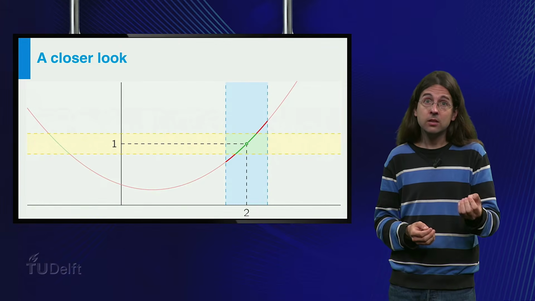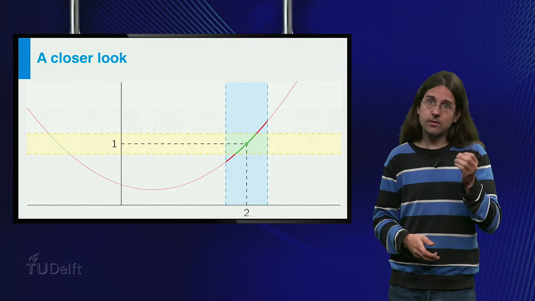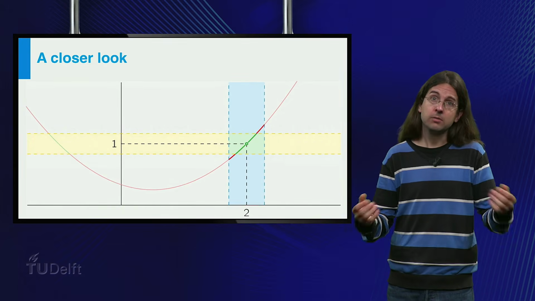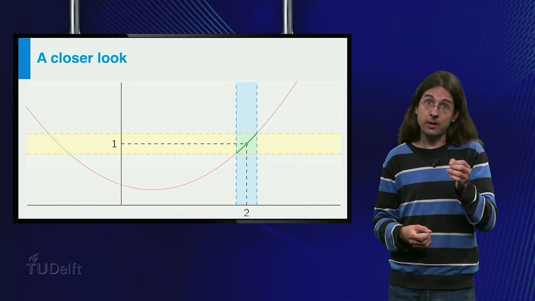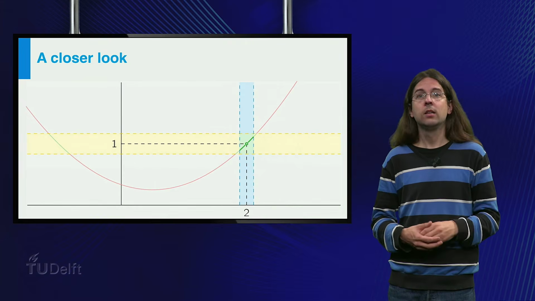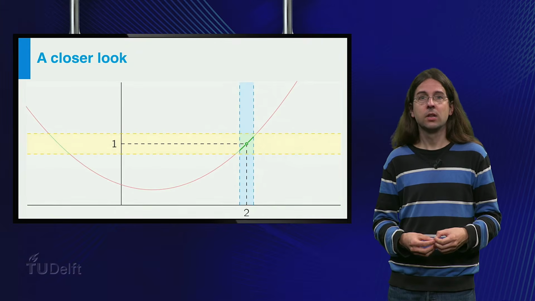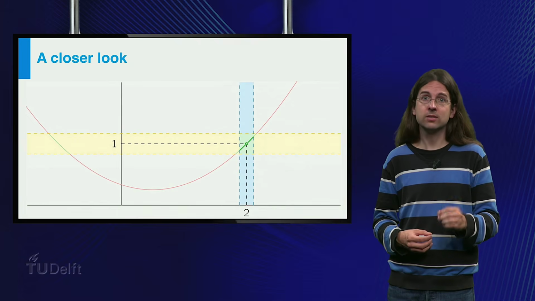In particular, we see that our vertical strip is once again too wide, as it contains a red part of the graph. However, we can shrink the vertical strip to compensate, so that eventually, once again, only a green part of the graph is in the vertical strip. This corresponds to being more strict about saying which x's are close to 2.